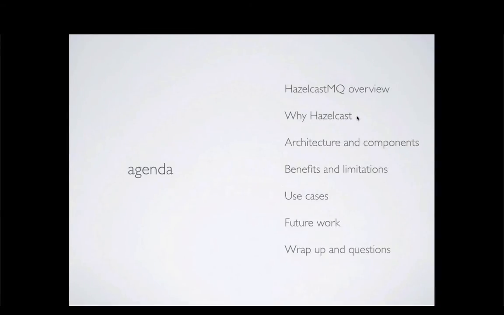I want to talk a little bit about why I chose Hazelcast for the solution, go into the architecture and some of the components within HazelcastMQ, and then look at some of the benefits and the limitations of where the library is right now. Look at some use cases where it'll probably fit in pretty well, a few where you probably want to avoid it, and then talk about some of the future work that I have in my mind, and things we can do with the concept going forward. And then I'll try to leave some time at the end for questions.